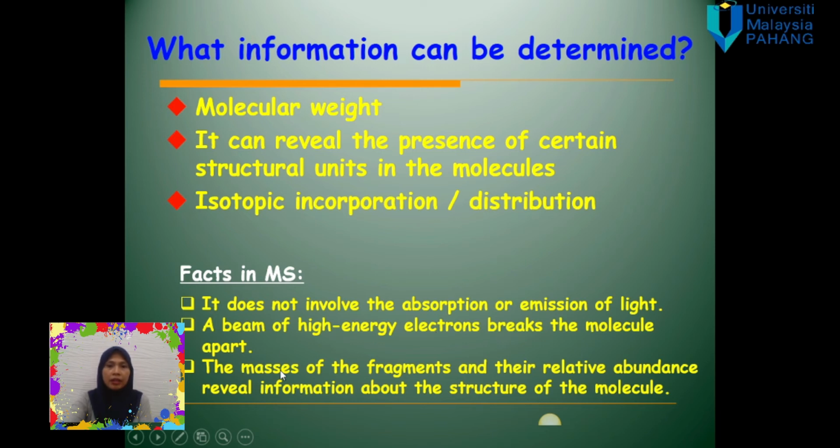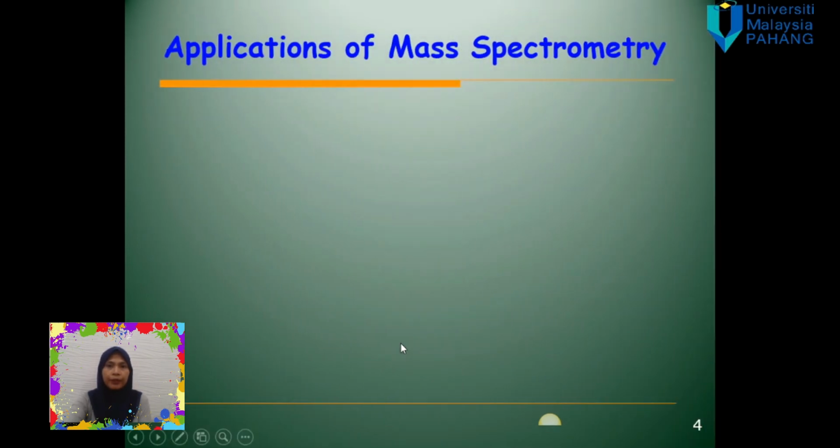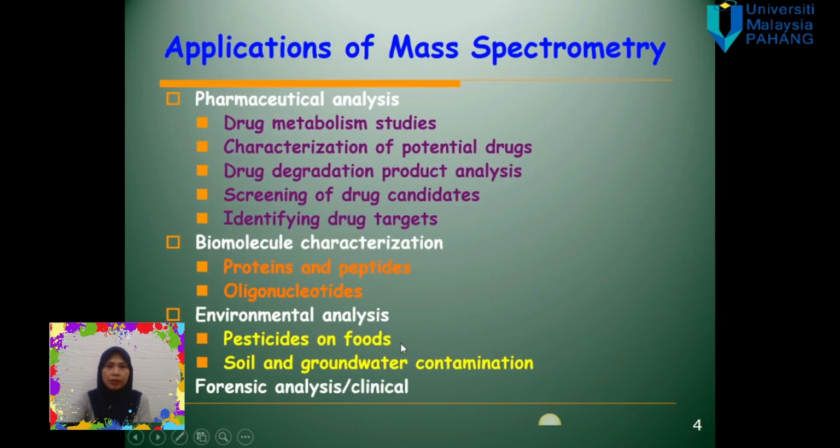The ions or the fragments will have their relative abundance measured, and they will reveal information about the structure of the molecules. Applications of mass spectrometry are in different fields such as pharmaceutical analysis, biomolecular characterization, environmental analysis, and forensic or clinical analysis.